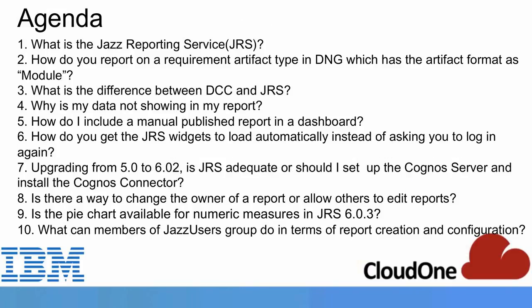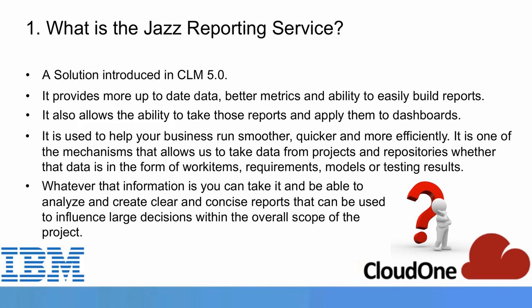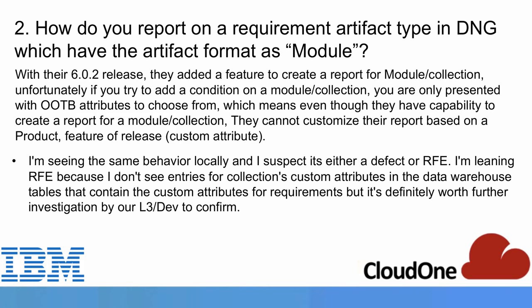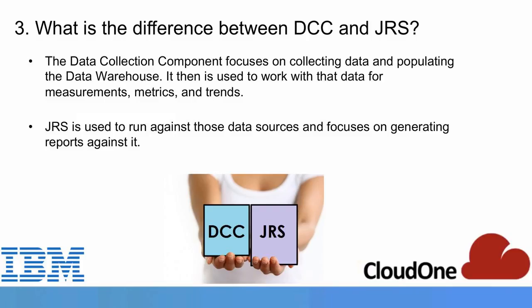I think you don't have it over here. Do you have access to JRS system? I don't have. I do. Yes, let me pull that up. Give me 1 second. I have to authenticate.